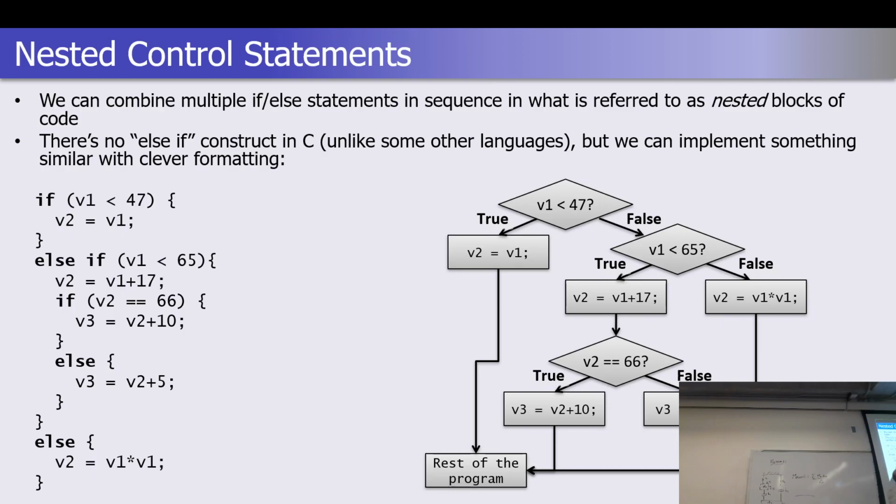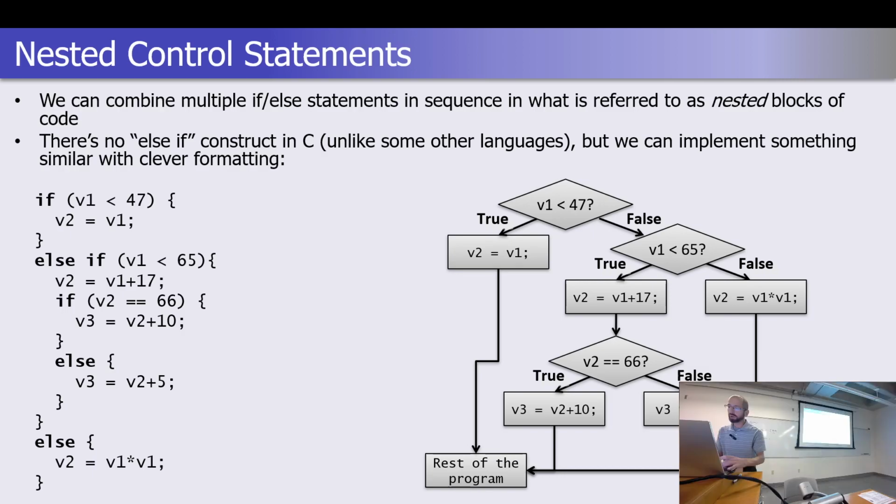And that's actually all that's happening here. It's really more of a white space trick than anything else, but it's also the standard, appropriate way to implement what other languages provide as elsif as a separate syntactical construct.